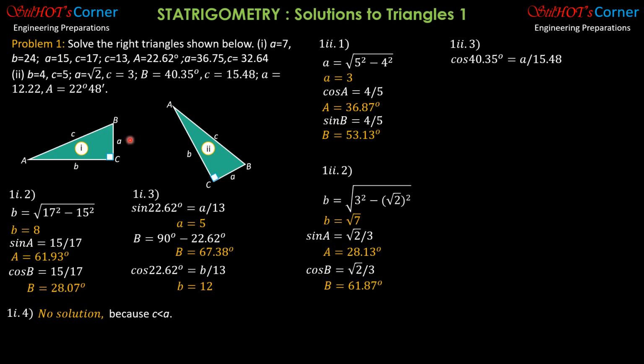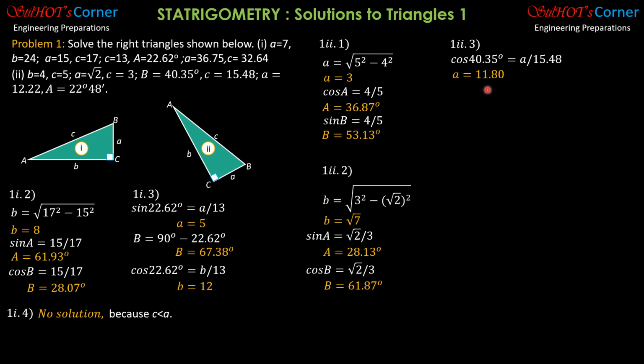Because B is given, cosine of 40.35 equals adjacent side A over hypotenuse C. So solving for A is 15.48 cosine 40.35 degrees, and that is 11.8 units.